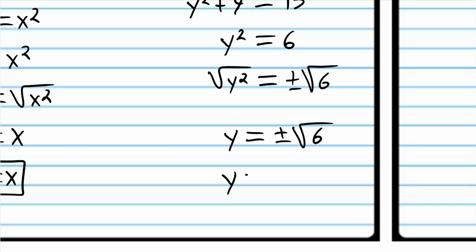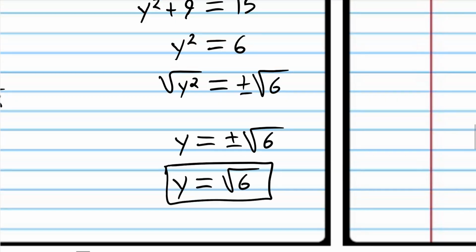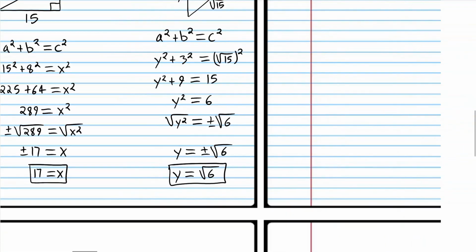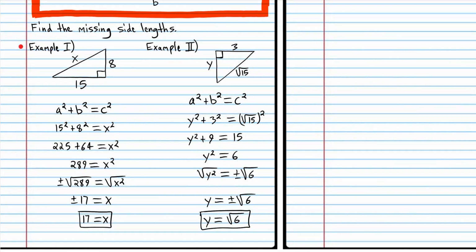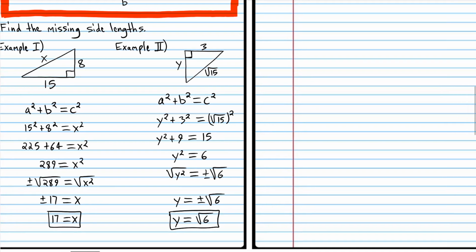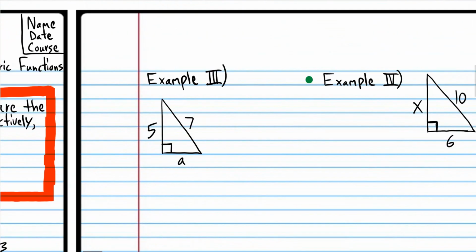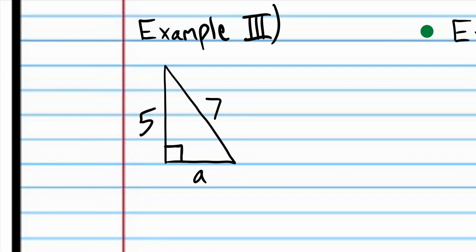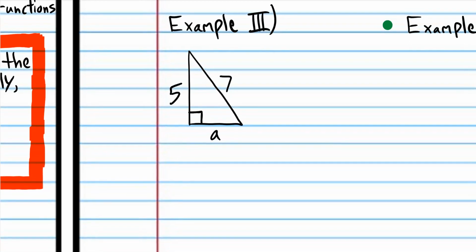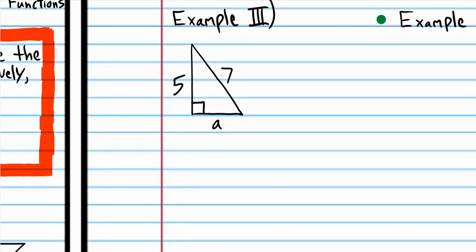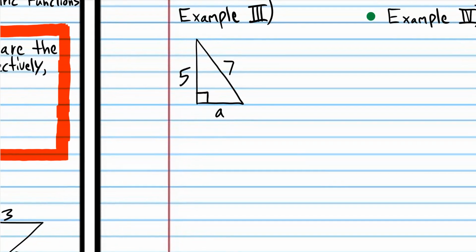But we're assuming that these triangles are real-world triangles, so you cannot have a negative side length. Now, that's not exactly true when you are doing trigonometry problems, but in the real world, you cannot have a negative side length.